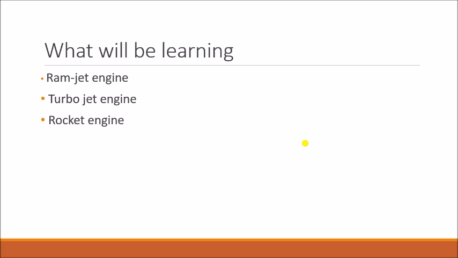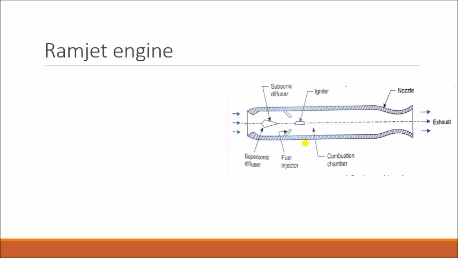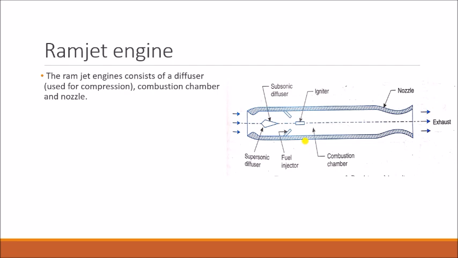So let's go through the first one, what do you mean by ramjet engine. You can see on the right side it is a ramjet engine. What does it consist of? It consists of a diffuser, which is used for compression of the air. Then we have a combustion chamber, where you can see these fuel injectors.